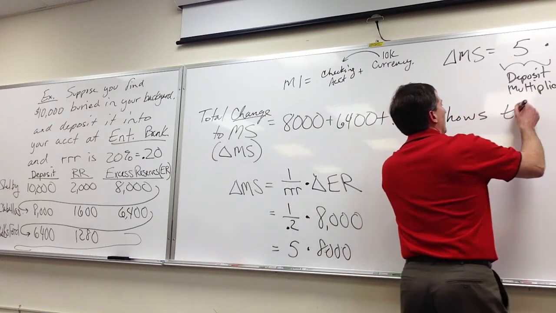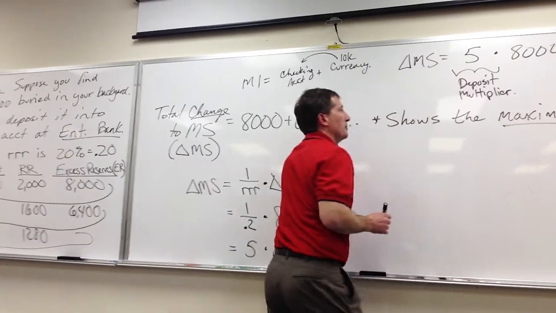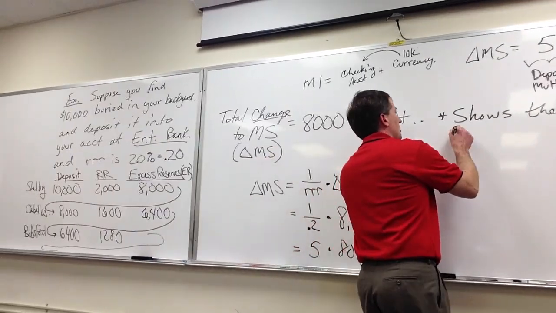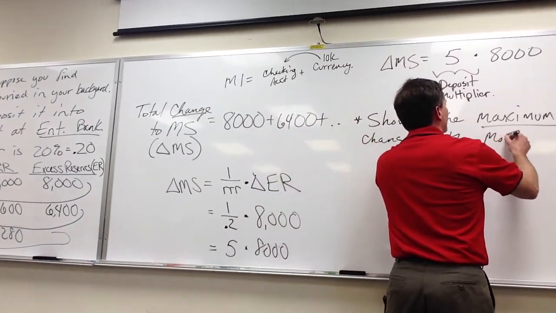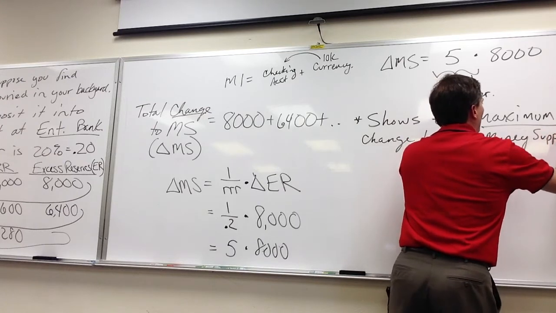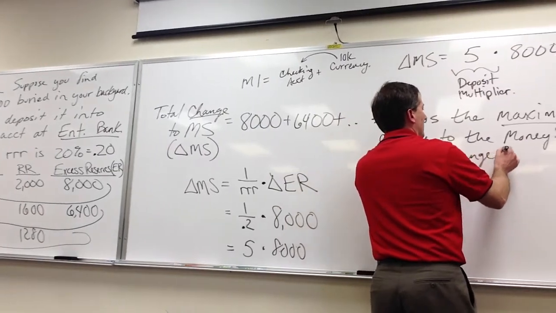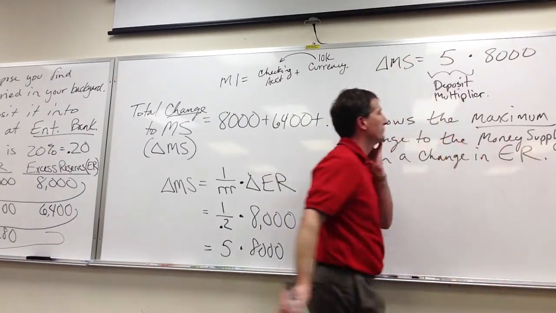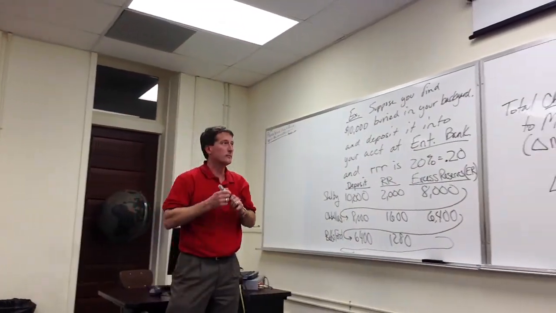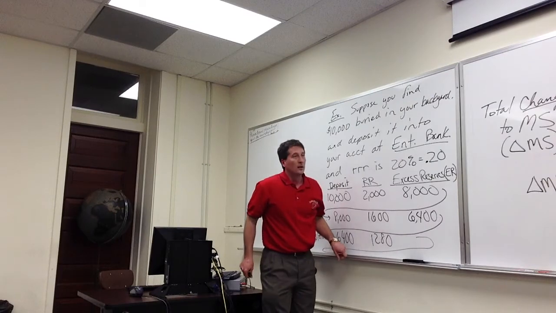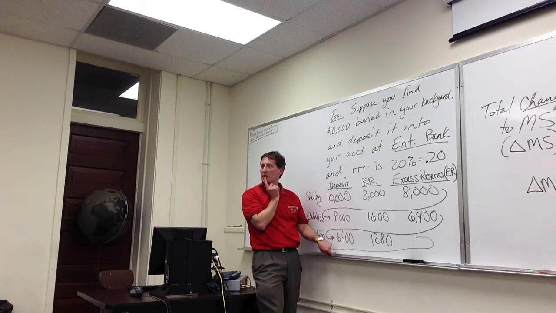So this shows the maximum, underline maximum, shows the maximum change to the money supply from a change in excess reserves. Going back to this list, make sure you're all caught up there.